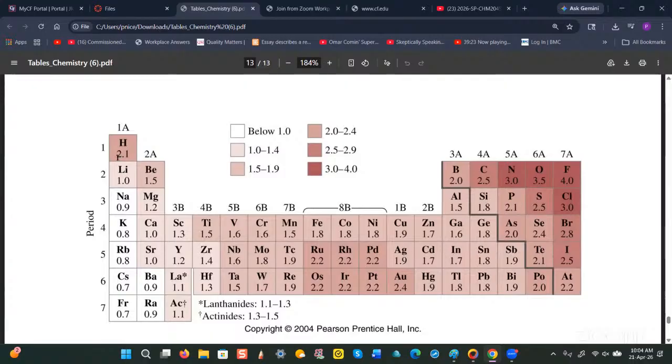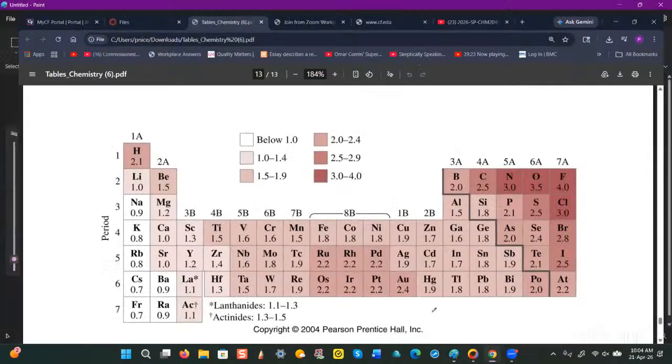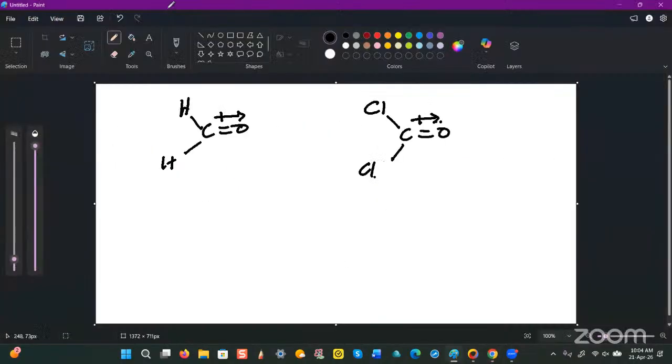That's essentially a nonpolar bond, right? So the polarity of this bond is very small. For most purposes, it will be considered to be nonpolar.